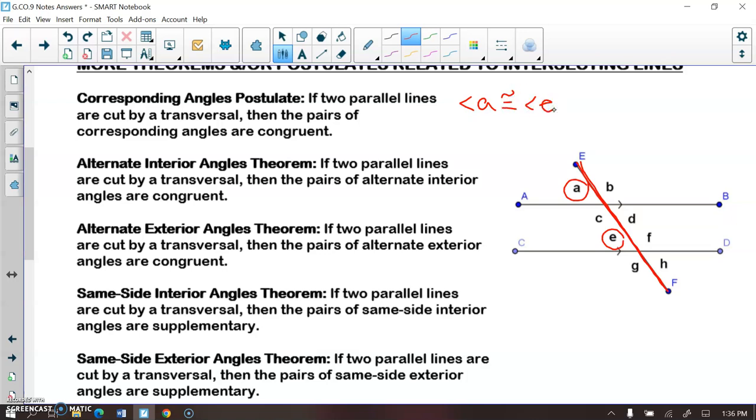Let's pick out another set of corresponding angles. Looking at that left side of my transversal again, if I look below my first parallel line, that's angle C. And below my second parallel line, that's angle G. Those are also corresponding angles. If I look at the right of my transversal and above both of my parallel lines, angle B and angle F are corresponding angles, and those would be congruent.